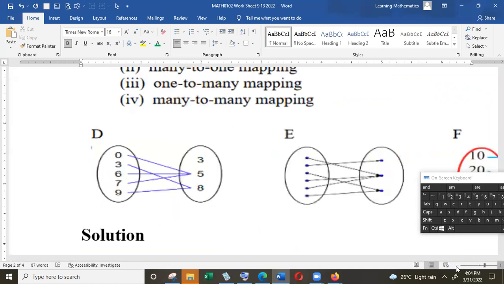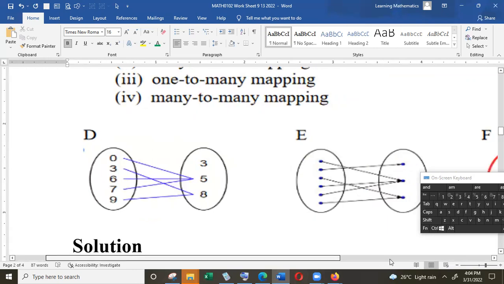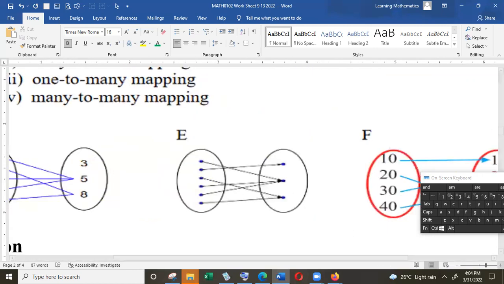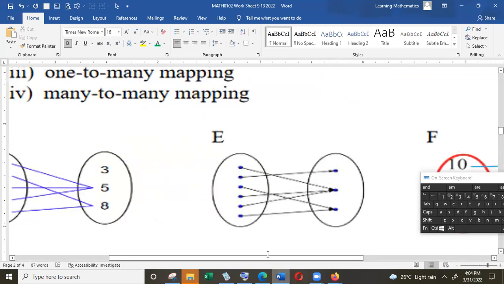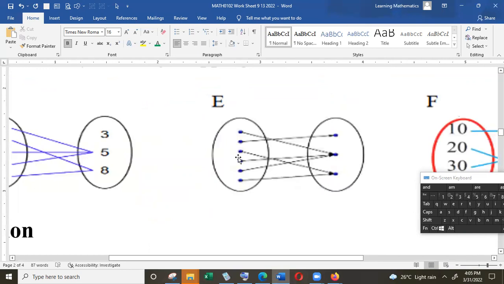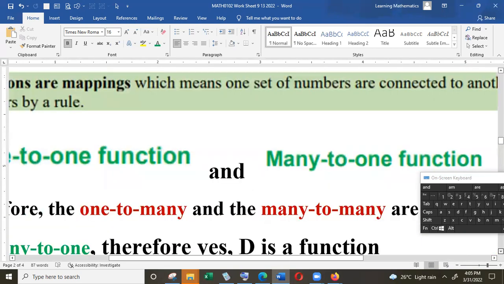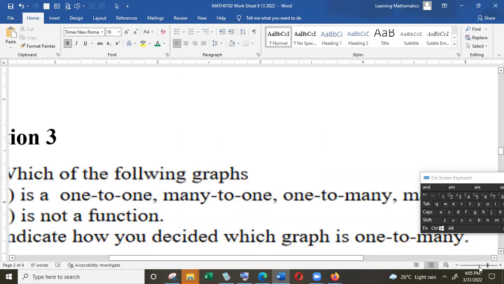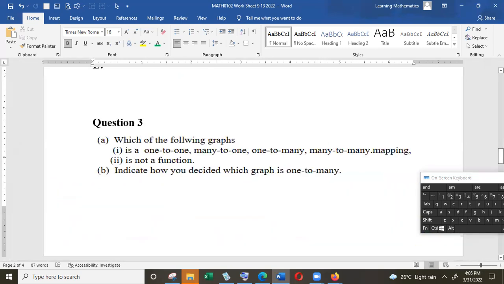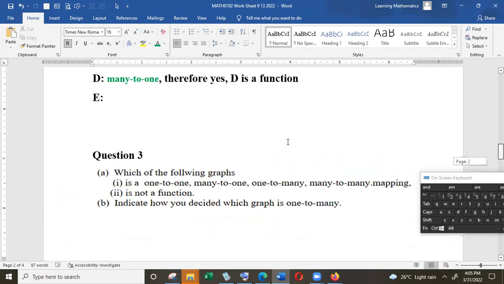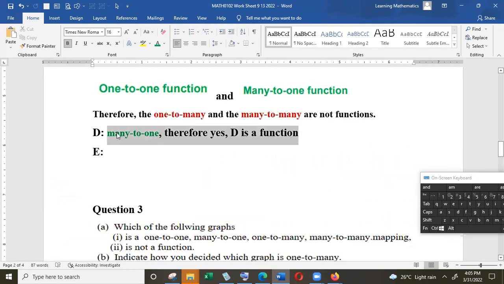Oh, E. We're seeing this and this both going to one. This one and this one is going to this one. This is another many to one. So E is a many to one. And many to ones are functions. So E is also a function.